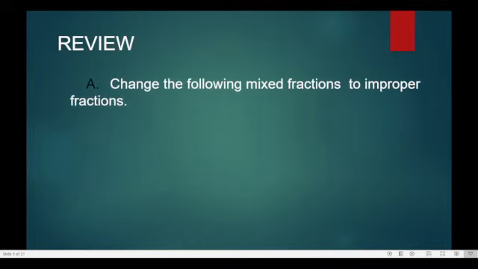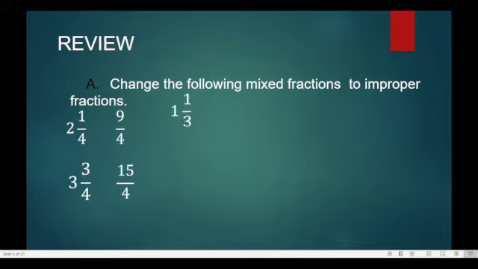Okay, for the review, change the following mixed fractions into improper fractions. So you have 2 and 1/4. So that is 4 times 2 is 8 plus 1 is 9/4. So 3 and 3/4. 4 times 3 is 12 plus 3 is 15/4. 1 and 1/3, so 3 times 1 is 3 plus 1 is 4/3.